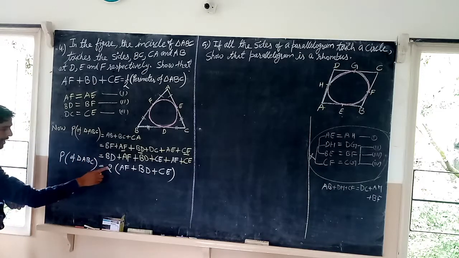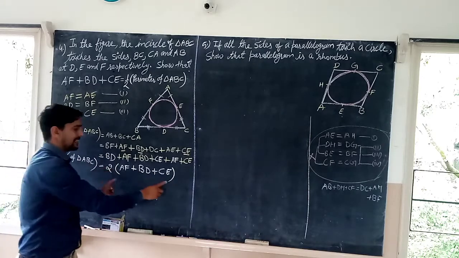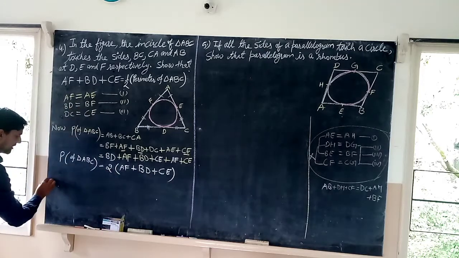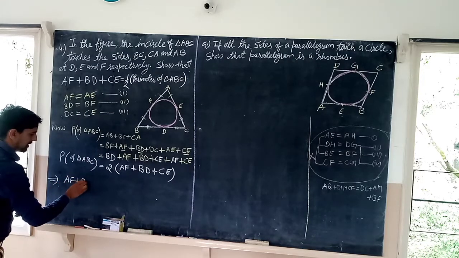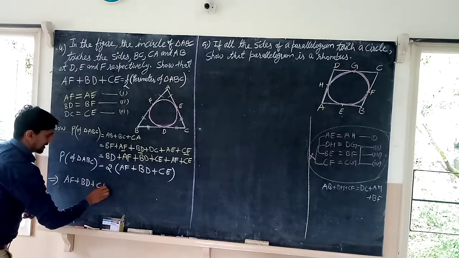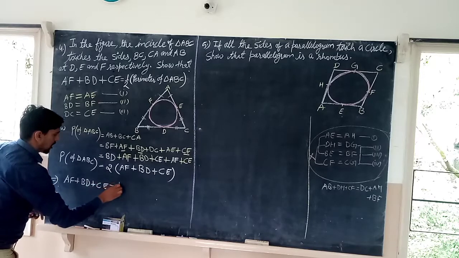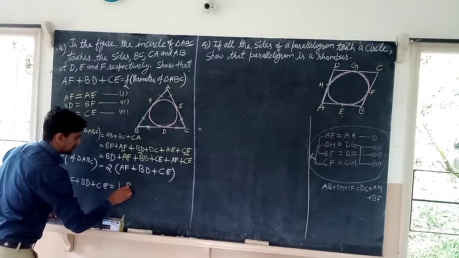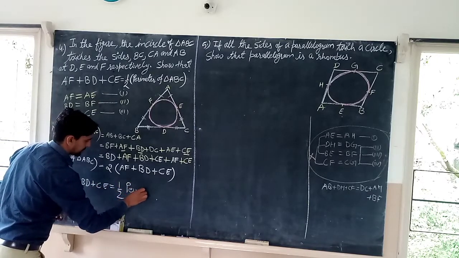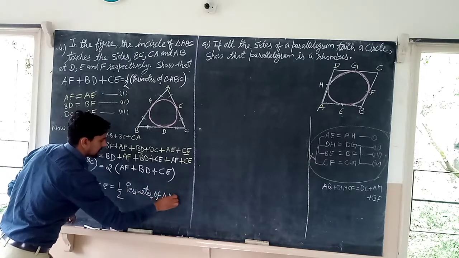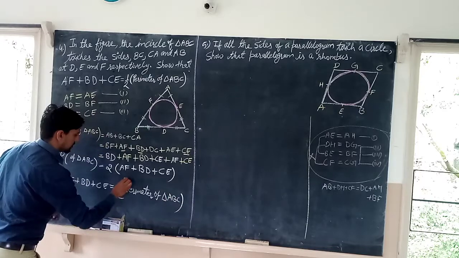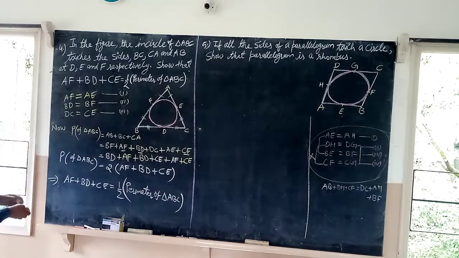Now 2 is multiplied here. If I shift 2, this implies AF plus BD plus CE is equal to half times the perimeter of triangle ABC. This is the proof.